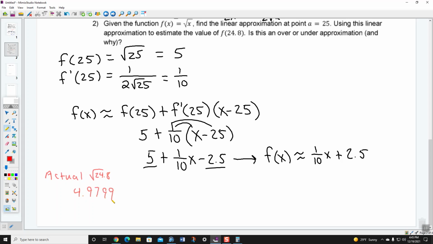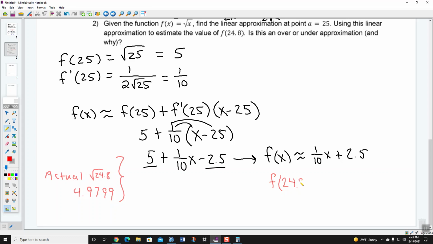Now, if we go with our tangent line approximation, how close could I have gotten to that actual value of 4.9799 by just plugging in an x value, 24.8, near a, 25? We could have also done this.